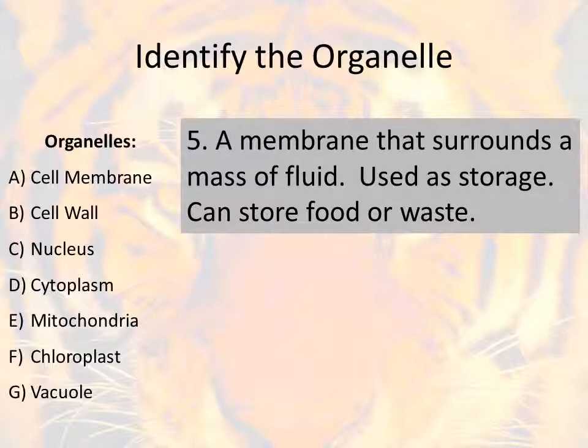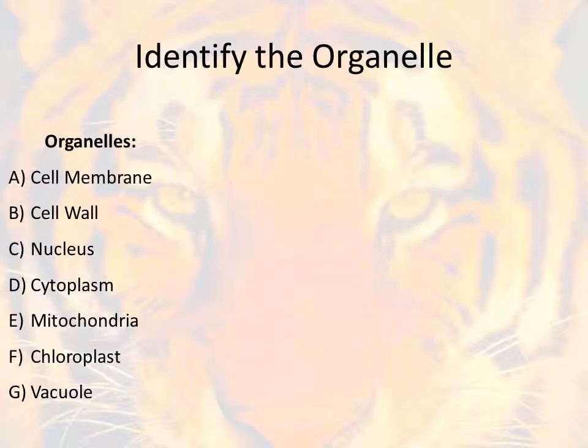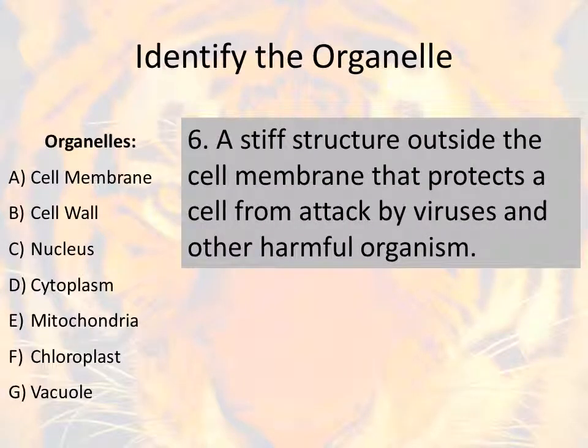Number 5, a membrane that surrounds a mass of fluid used as storage that can be storing food or waste. Number 6, a stiff structure outside the cell membrane that protects the cell from attack by viruses and other harmful organisms.